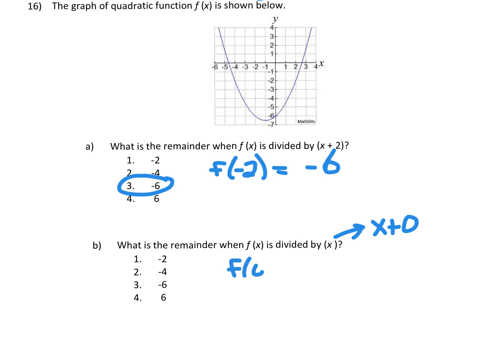And I know we usually reverse the sign, I just want to talk about this, but whether you write x plus 0 or x minus 0, I mean, 0 doesn't have a sign, so you're just finding f of 0. So at 0, the y value of the function is equal to negative 6. So that one's also negative 6. So choice 3.